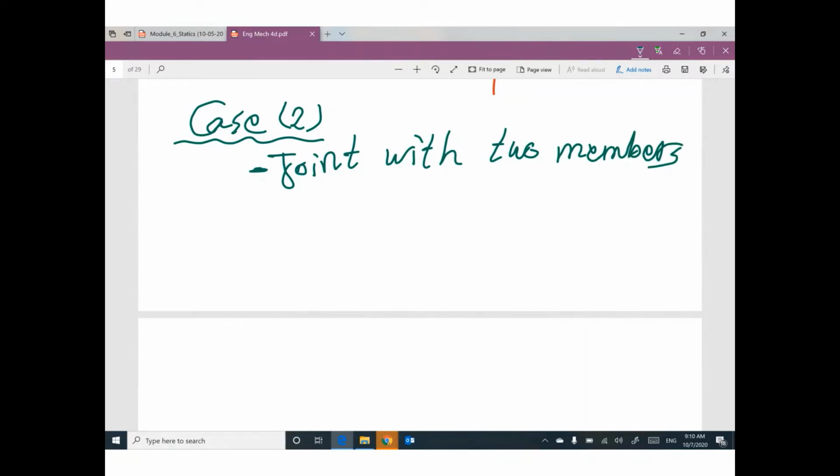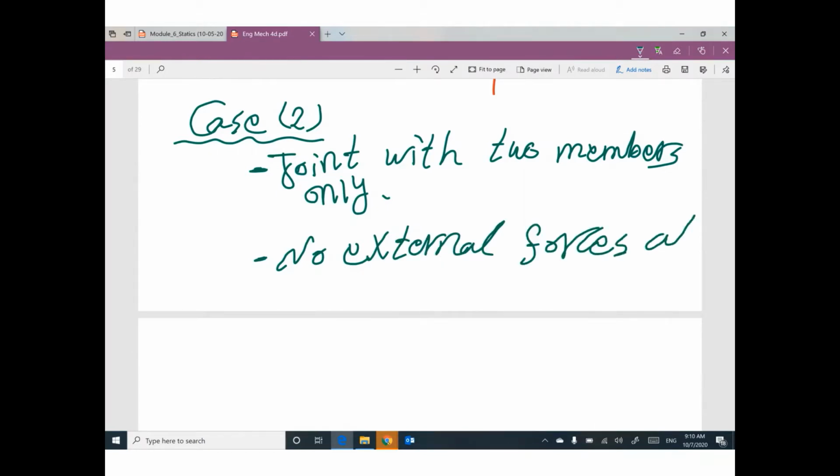I said two members only, and no external forces at this joint. Only two conditions. Very simple. But we are talking about a joint with two members only.